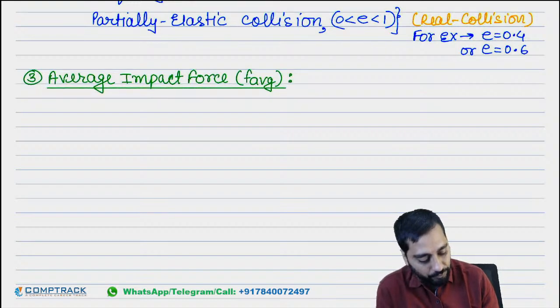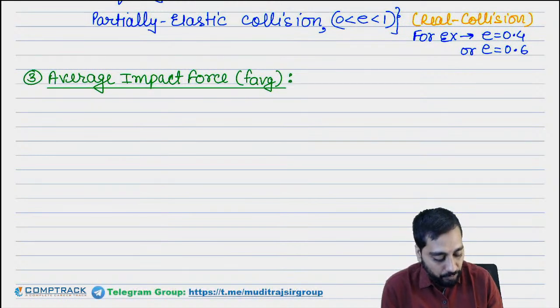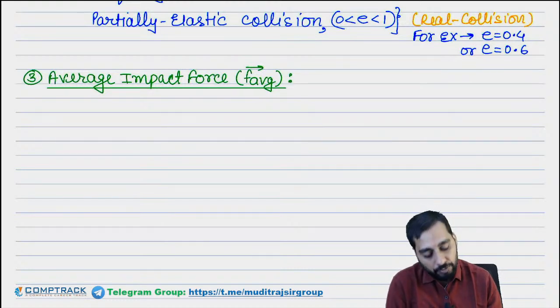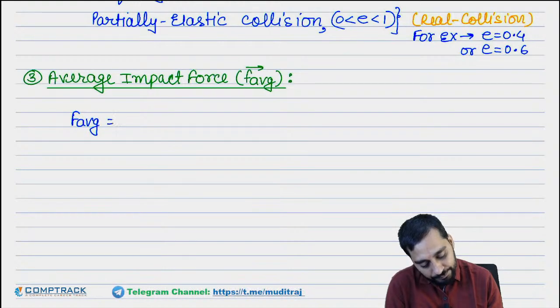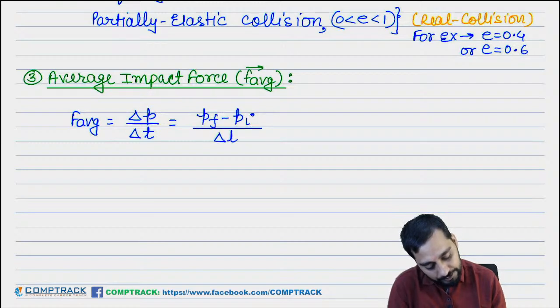As we know, force is given by rate of change of linear momentum. So your average force you can calculate by total change in linear momentum over total time. So you can find it by P final minus P initial.